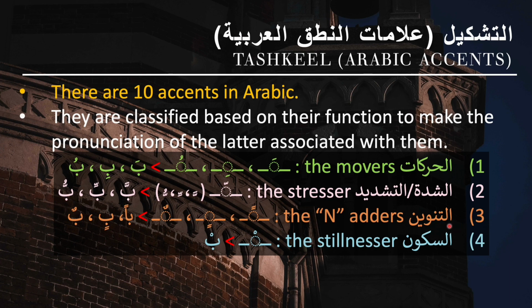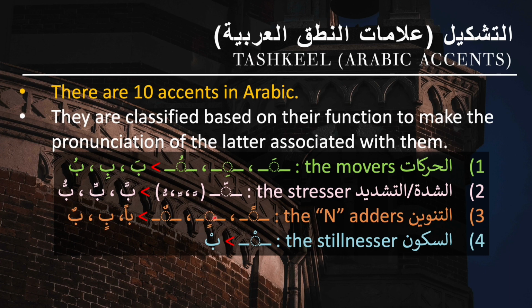The next group is التنوين. التنوين basically means the in-adder. In Arabic, the letter is called noon, and التنوين means the in-adders. You add an n or noon on the top of each accent associated with it. So when you have the mover fatha two times, that means the letter is pronounced with fatha and noon. When you have التنوين بكسرة, we have the kasra doubled.